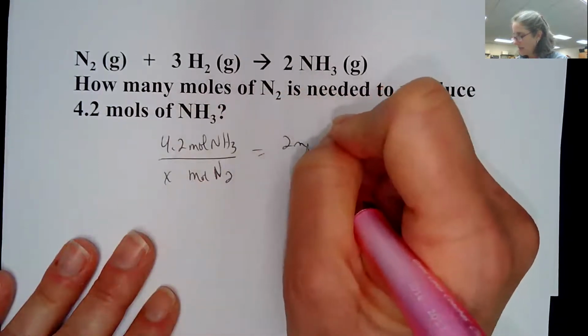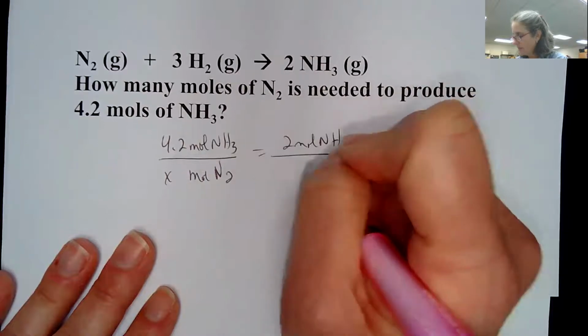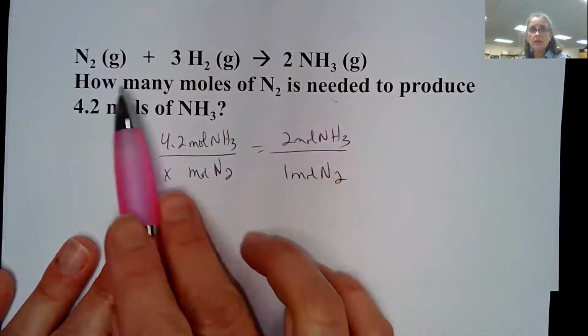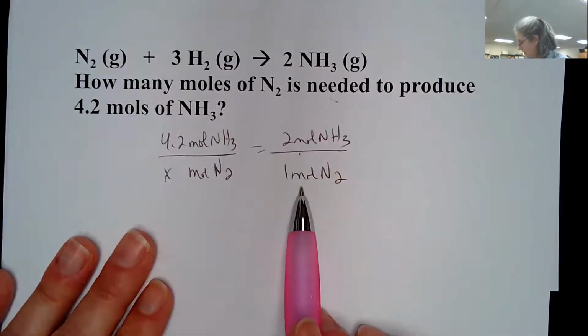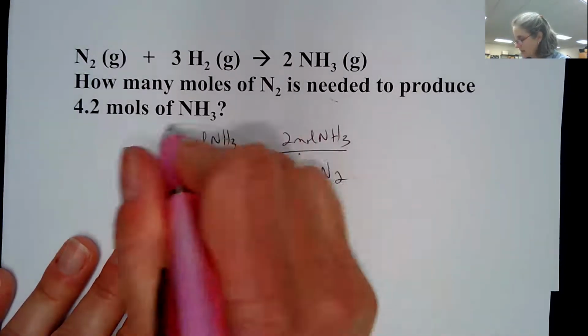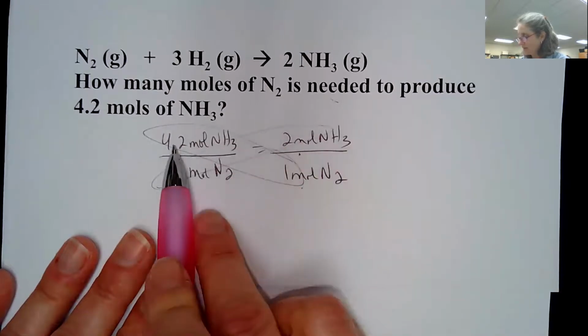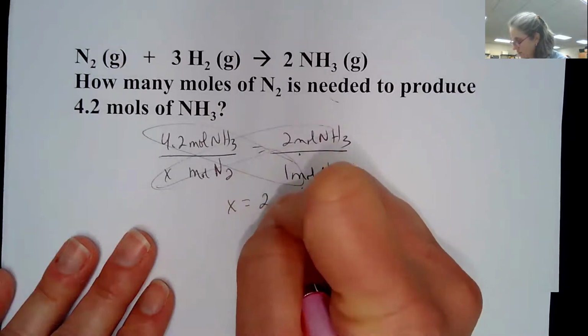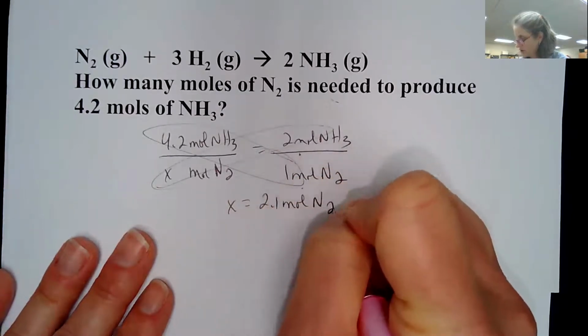All I have to do is set up my ratio. Again, from the balanced chemical equation, the number in front of the species is what goes in the proportion. You cross multiply, then divide the 4.2 by 2, so you end up with 2.1 moles of nitrogen.